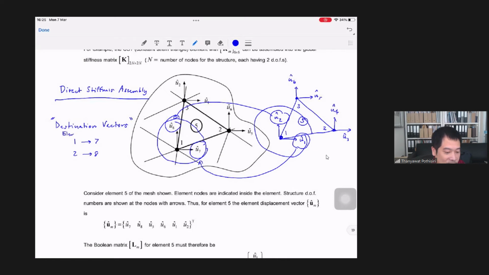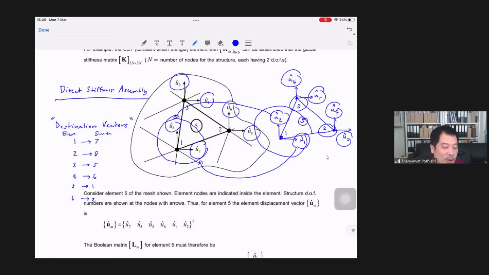This is for the element, this is for the structure. So if you write a similar mapping at node 2 and node 3, you will see that u3 maps with 5 of the structure, and u4 maps with 6 of the structure. And u5 maps with 1, and u6 maps with 2. So 5 with 1, 6 with 2.